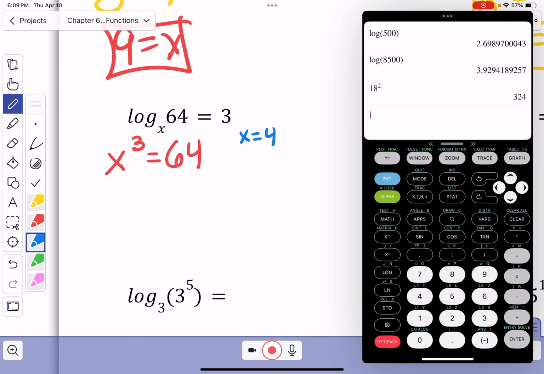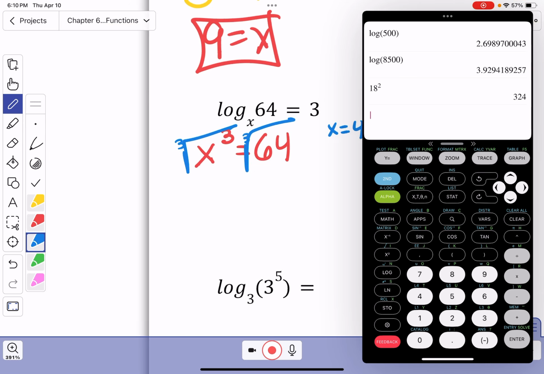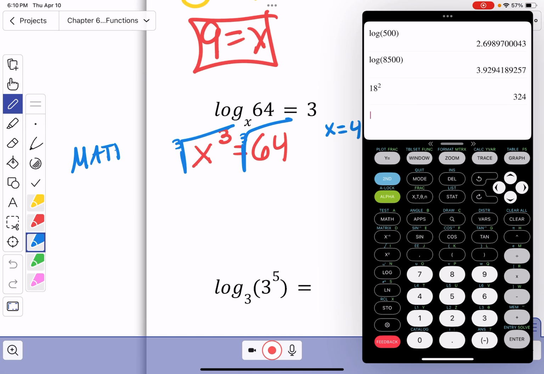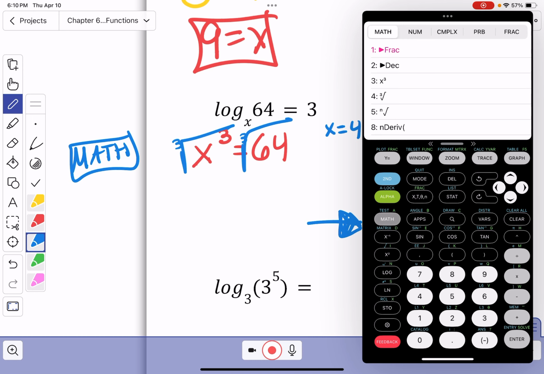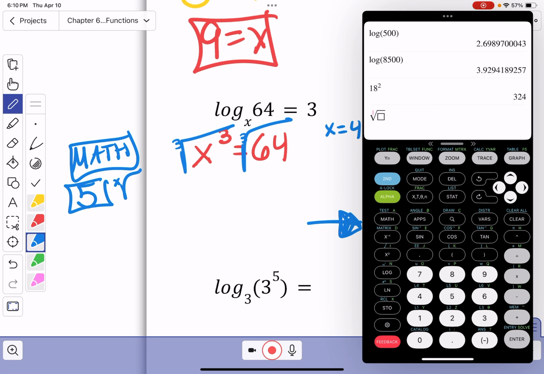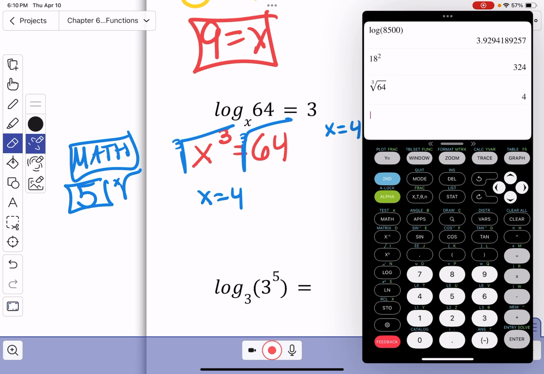But if you don't know that, you can take the cubed root of each side, which, as a refresher, is the math button, the one right below the green, and then number 5 will give you the way to type that in. So you would type 3 as your index and then 64, and it'll give you 4 that way. You may know it, you may not. You don't really have to.